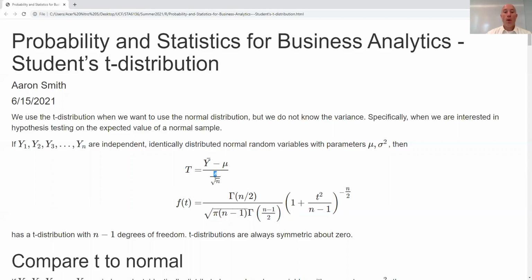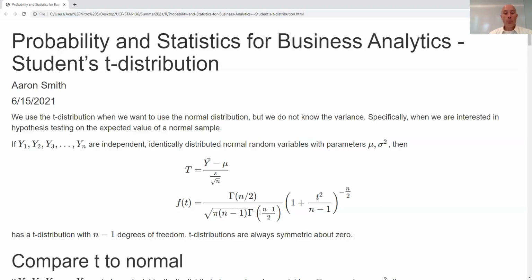Under this situation, this t has this distribution. Now, you'll notice in here that I've got n's floating around. These n minus 1s are equal to the degrees of freedom.